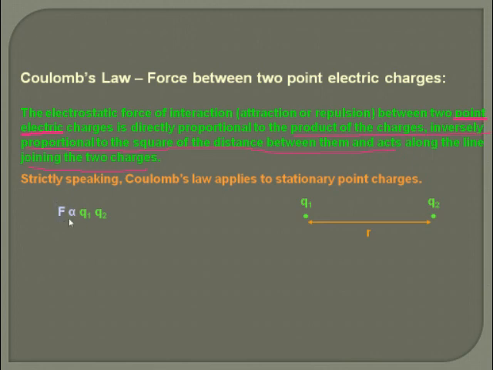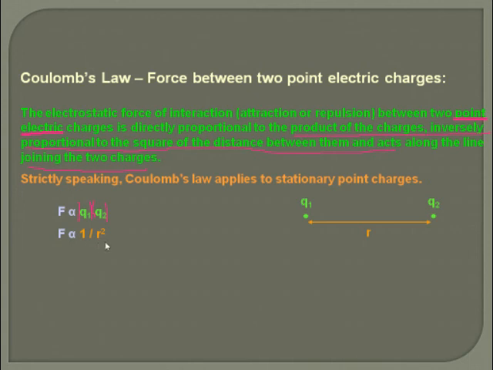Here you can see F is directly proportional to the product of q1 and q2. One point you have to remember: you don't have to put the sign there, because we are talking about the magnitude only, so don't bother about their signs. Now Coulomb also said the force of attraction between them is inversely proportional to the square of the distance between them.